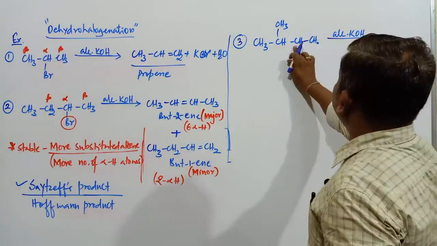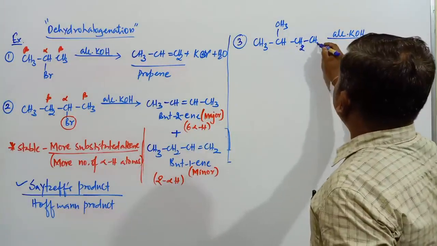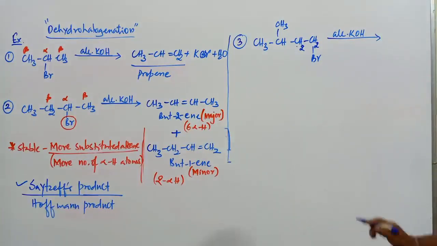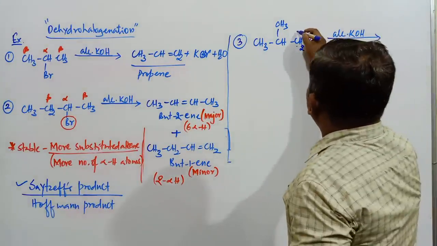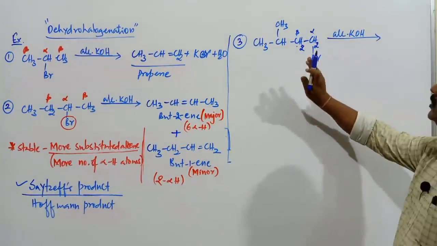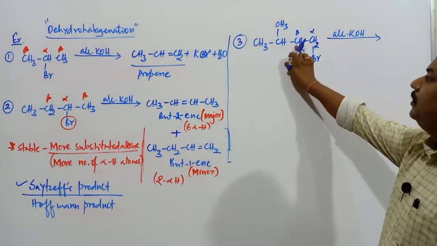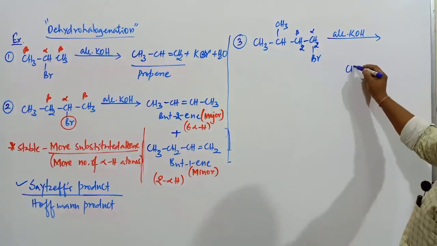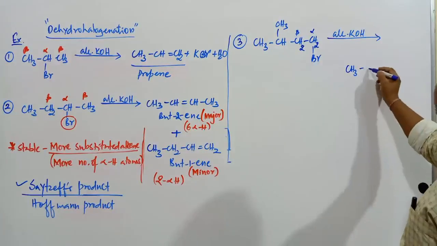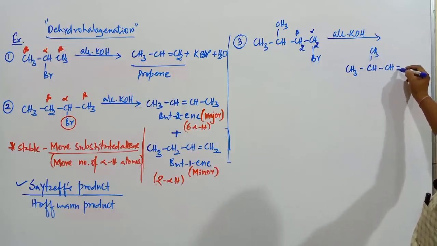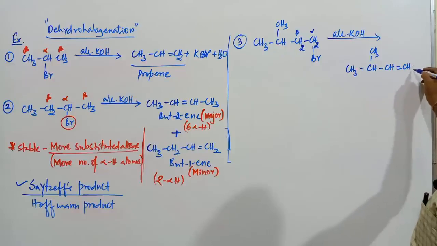This is CH2, this is CH2, it is Br. Okay, this is another compound. This is the alpha carbon atom, and this is going to be the beta carbon atom. The product obtained in this case is CH3, next one CH, next one CH3, this is CH=CH2.